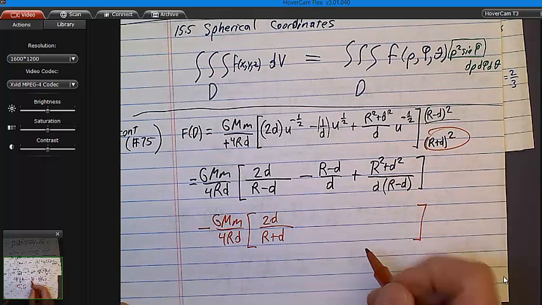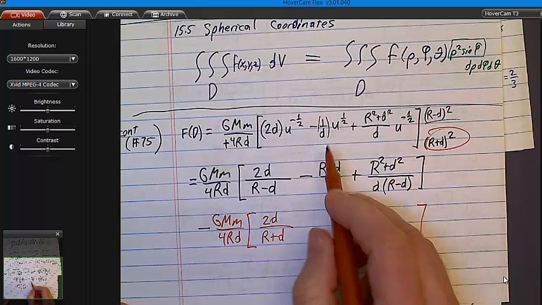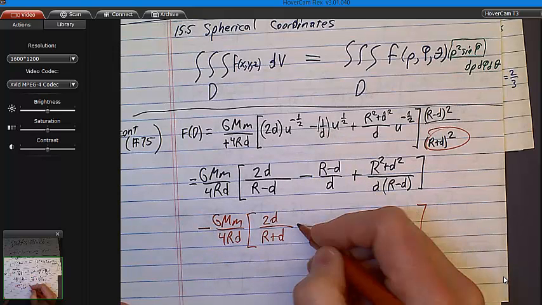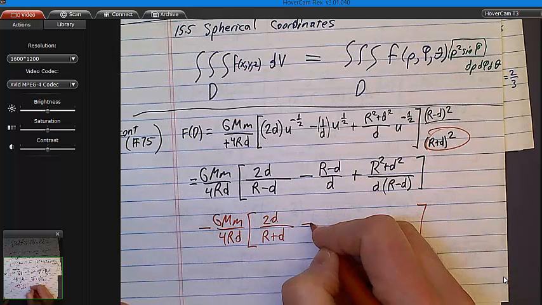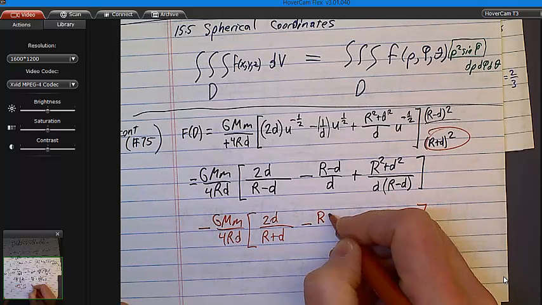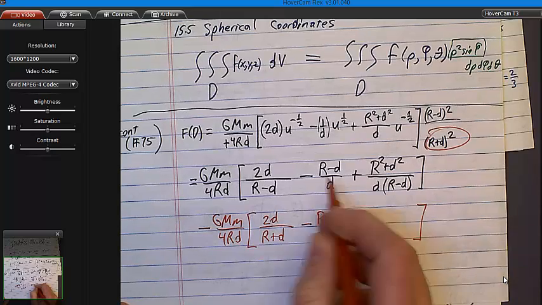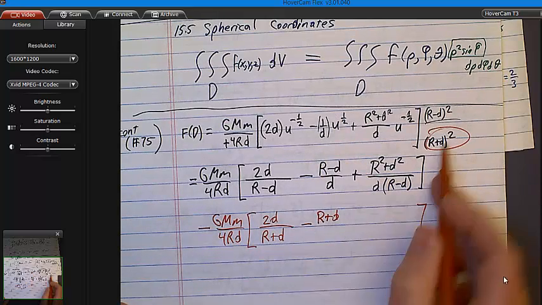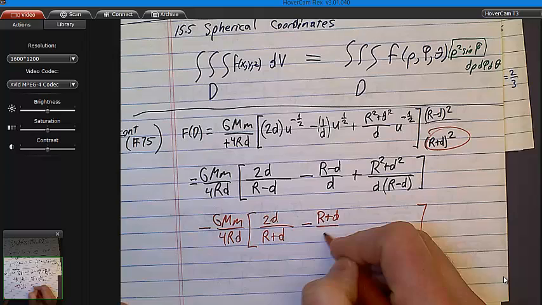When I throw this in, I have 1 over d. Okay, so it would be minus r plus d is what you get when you take the square root of u over d.